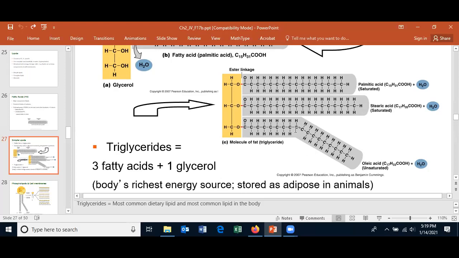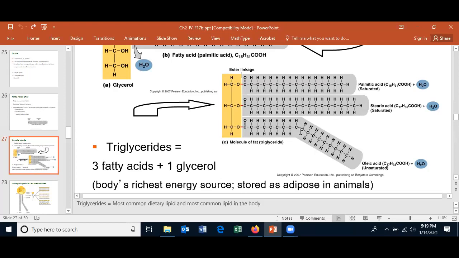Wherever there's a double covalent bond between two carbons, you'll notice that there's a kink in the molecule. Where it's saturated, the molecule is straight, and wherever it's unsaturated, where there's a double covalent bond, there's a kink in the molecule. Any questions about that?